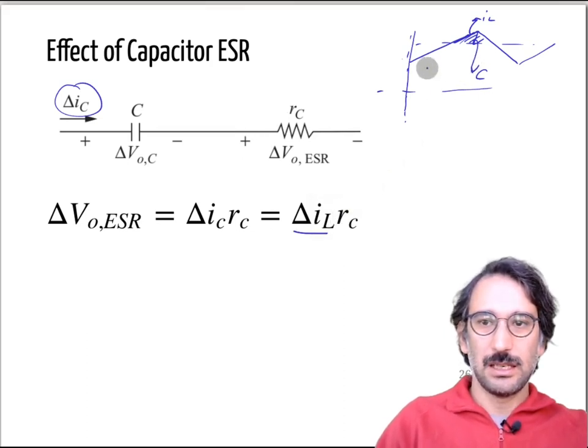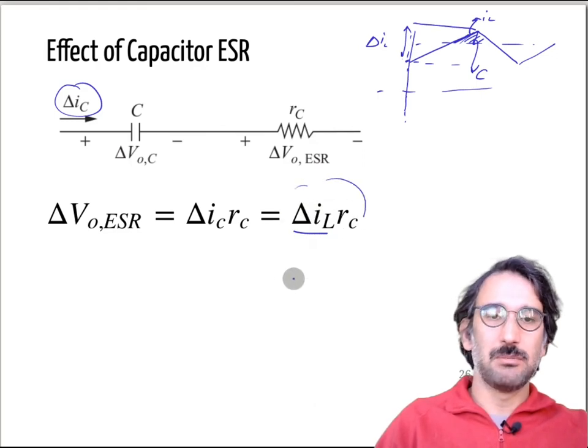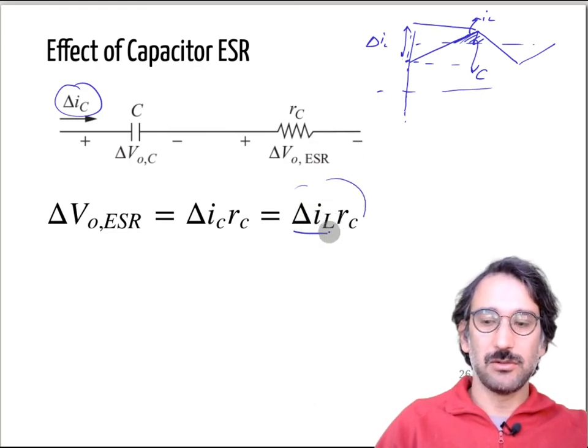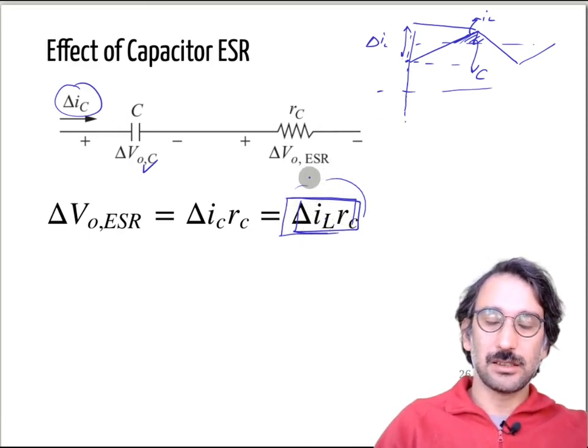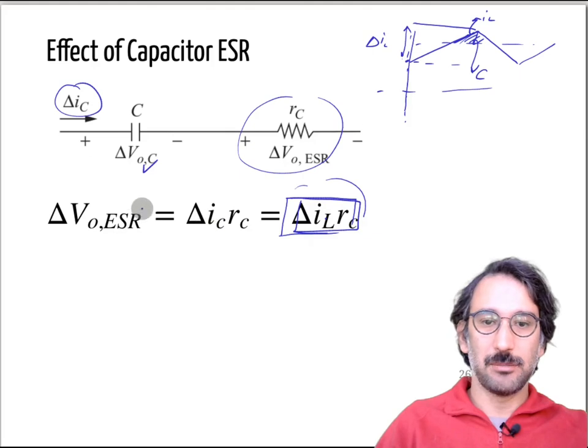All that ripple, delta IL, will create some ripple voltage on the capacitor. And most of the time you will see that this term is more dominant than the other term. So if your currents are higher, or if you are working at high inductor ripple currents, then that term will be more dominant than the capacitance itself.